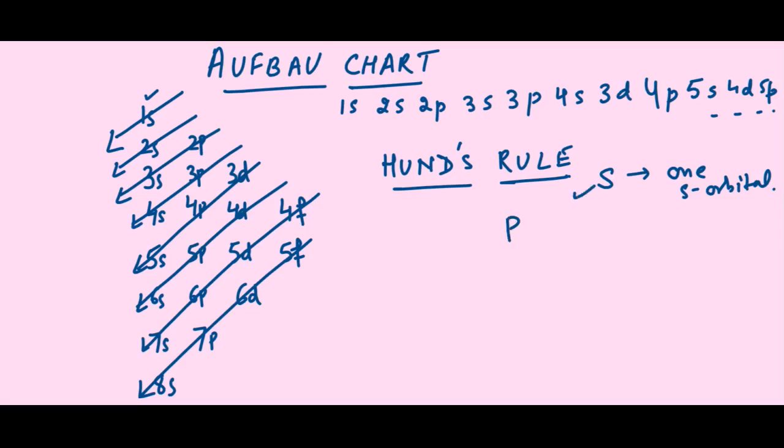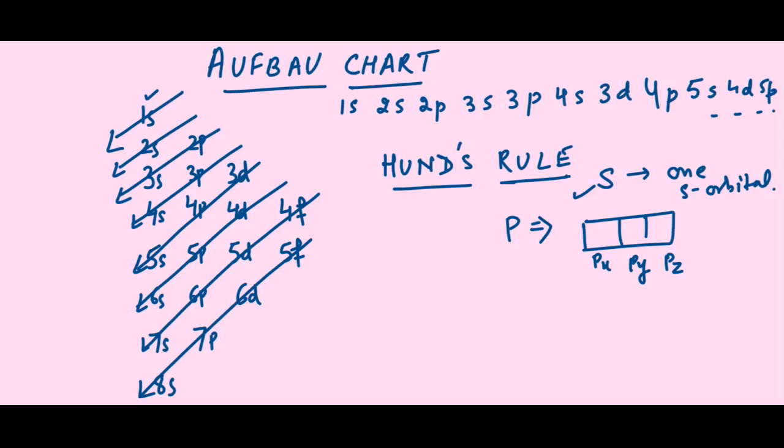But in the case of the p subshell, you know that we have three orbitals. One is px, another is py, and the third one is pz. So when you are filling the three orbitals of the same subshell, then you need to follow Hund's rule, and Hund's rule says that you need to fill them singly first.